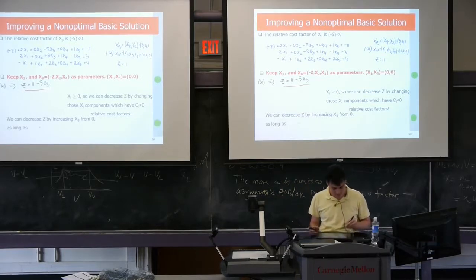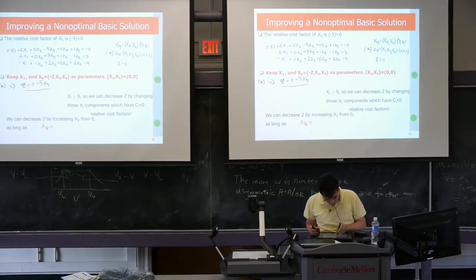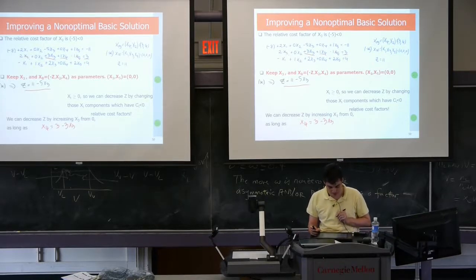But we have constraints, and the two constraints we have are: one, that x4 is 3 minus 3x3, right? x5 has value 0, and x1 has value 0 as well.